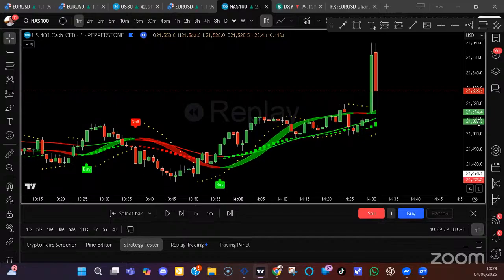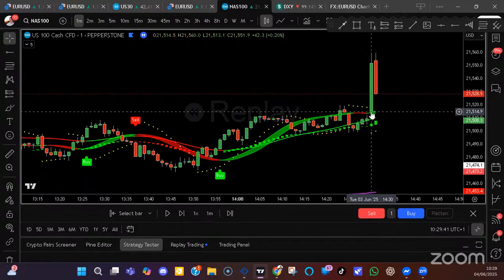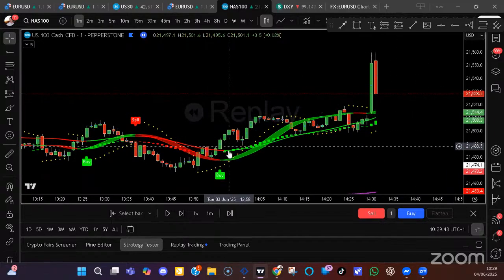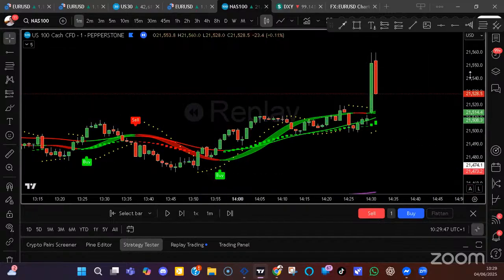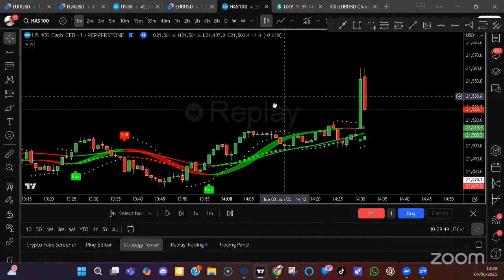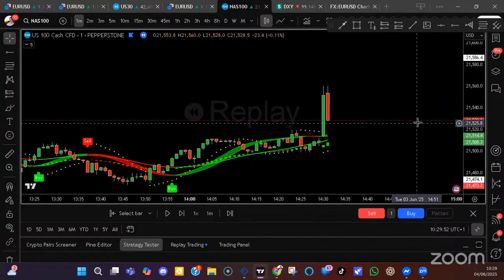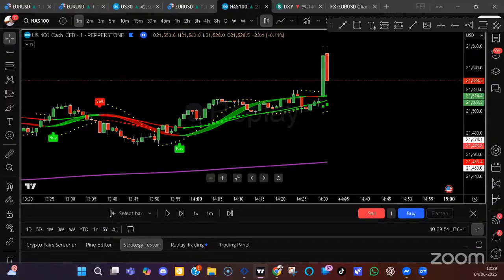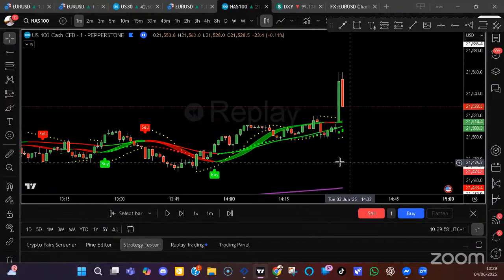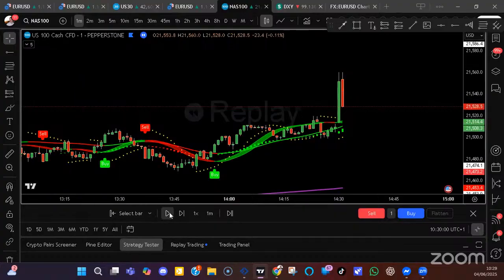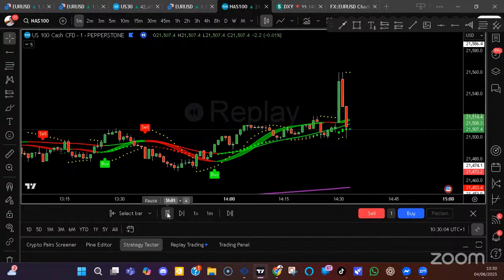Whoa, look at that, 14:30. The volume kicked in for the buy, but the buy has already been there, and we know we're in a sell zone. So I know the next one is a sell because price had gone into the sell zone. Let's see what happens. But it's still buying.